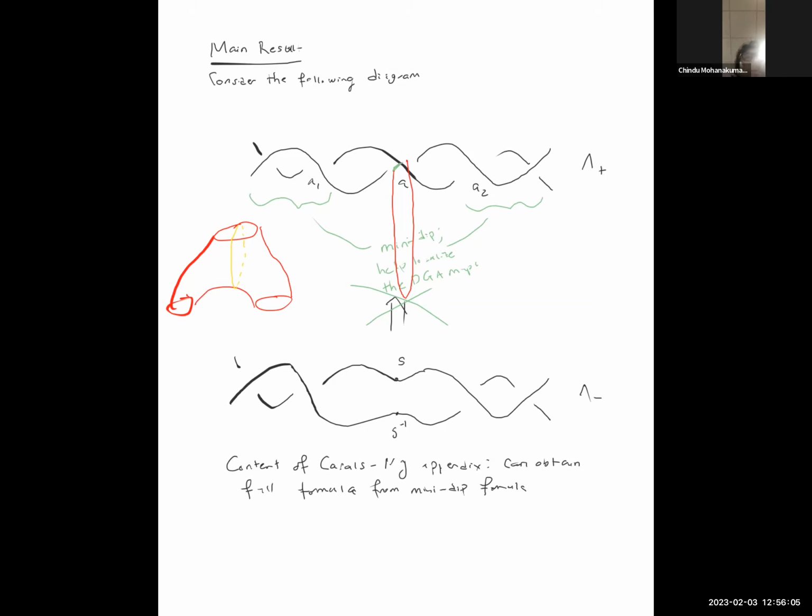Well, you sort of have this cobordism box, right? The move is happening only within this local picture, and outside we assume that it's going down by the identity. And so the mini dip then constrains the holomorphic disks in this local picture, and outside we only get trivial strips.